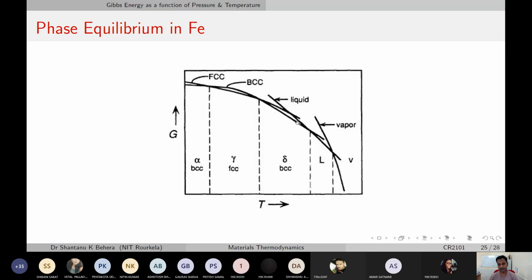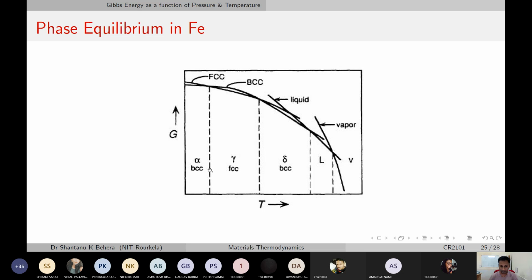This is the free energy line of the delta phase, which actually should look slightly more distinct, which it doesn't. And then you have the free energy diagram for the gamma phase, this one, and this is the free energy diagram for the alpha phase. All right, so what is written here is that the alpha and delta phases are a continuation of the same line, because these two are BCC phases themselves.